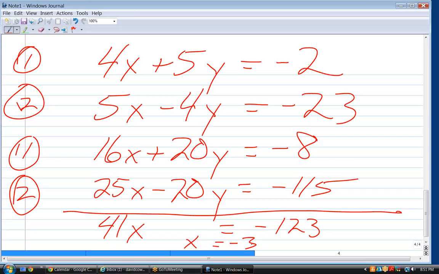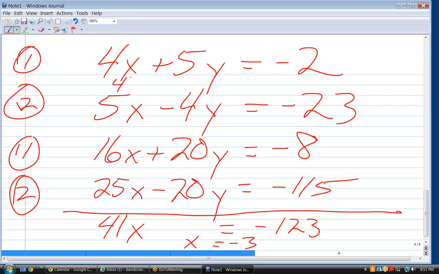And now go back into the simplest equation on the page. Substitute that x of minus 3 in for x and then solve for y. Well, the simplest equation I see is up here.